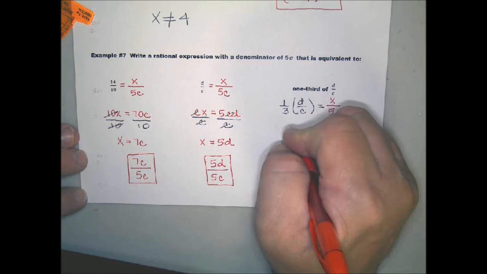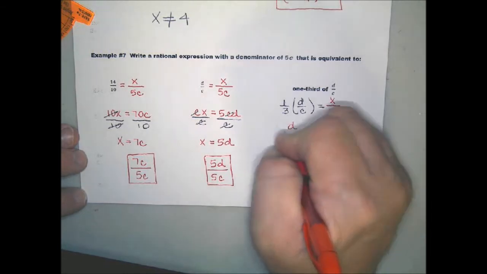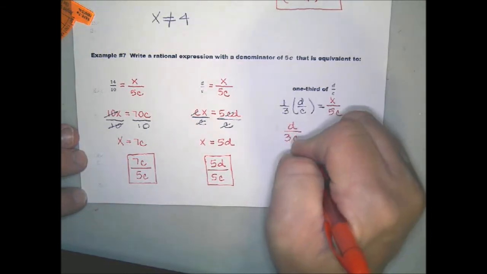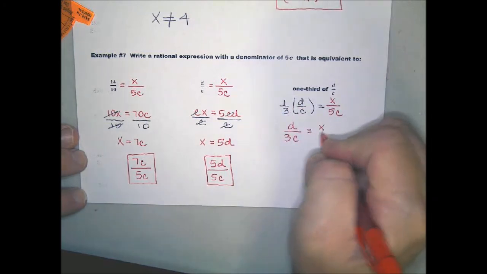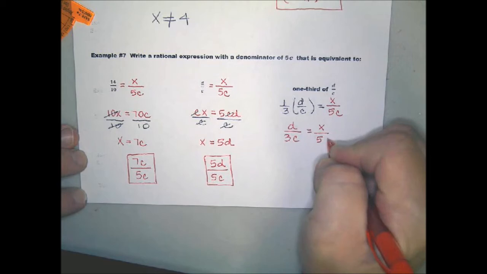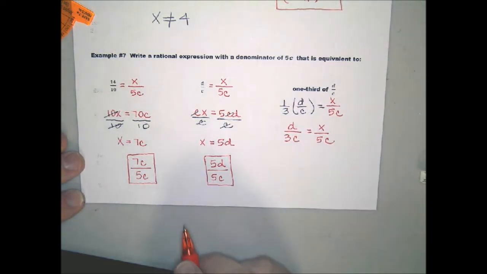So on the left-hand side, 1 times d is d. Now we've got d over 3c, I'm just multiplying these two, equals x over 5c.